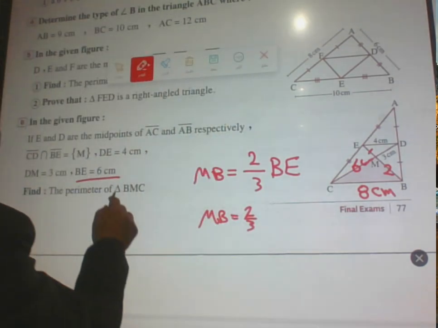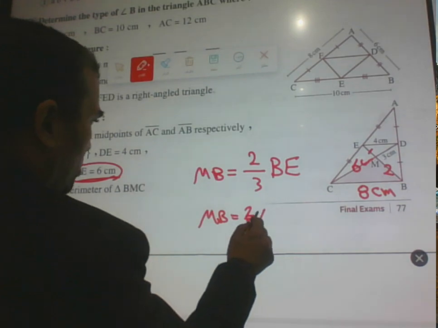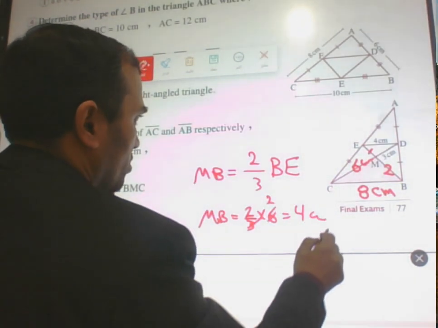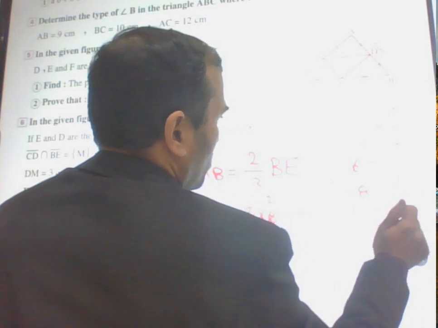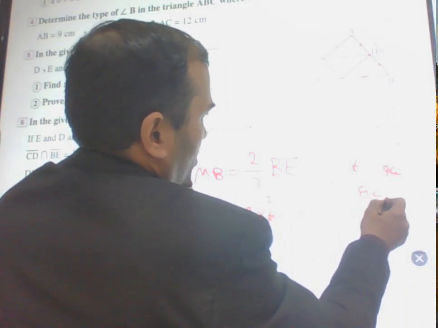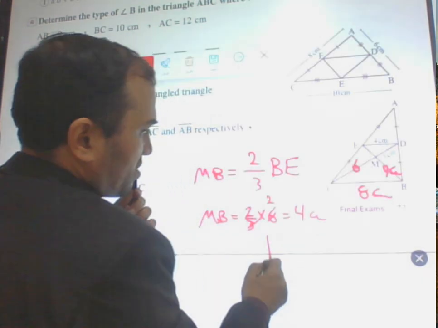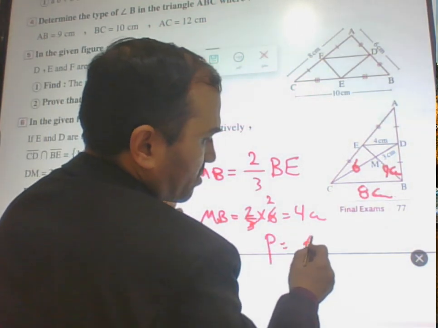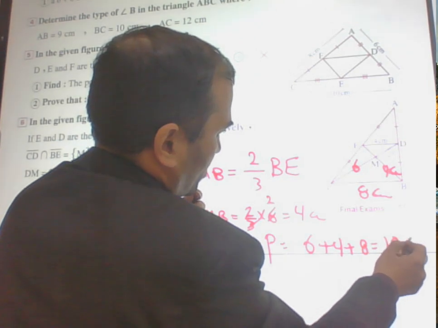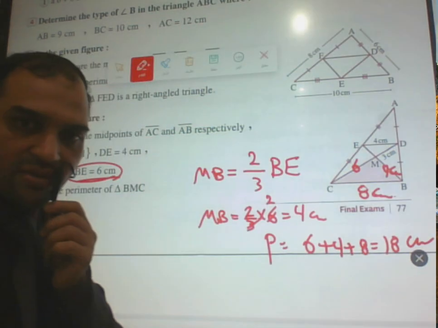BE here was 6, so 6 divided by 3 equals 2, times 2 equals 4 centimeters. The length here will be what? 4 centimeters. This side is 8 and this is 6. Then the perimeter we can collect: 6 plus 4 plus 8 equals 18 centimeters. It's the perimeter of this triangle.